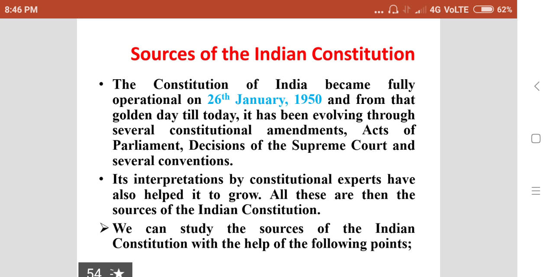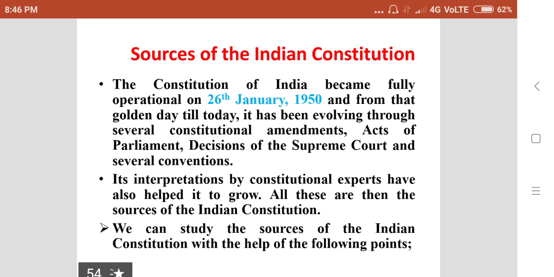Its interpretations by constitutional experts have also helped it to grow. All these are then the sources of the Indian Constitution.